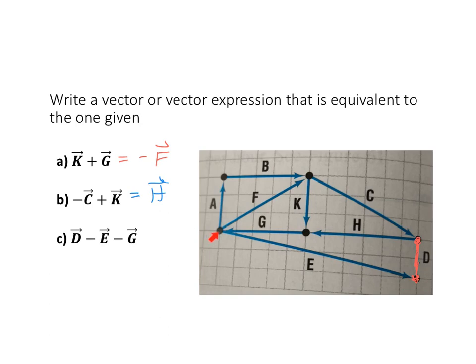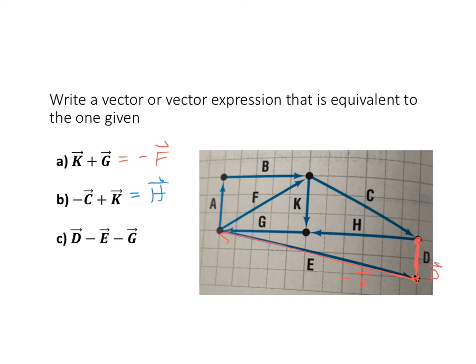Vector e goes from this point that I'm highlighting to the point where d ends, and we need the vector that goes in the opposite direction. So we're going to start at the terminal point of e and go to its initial point.